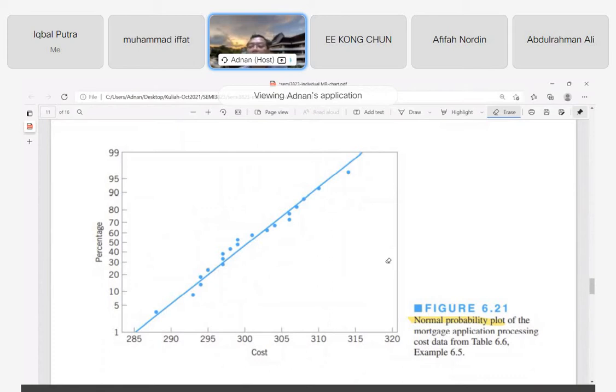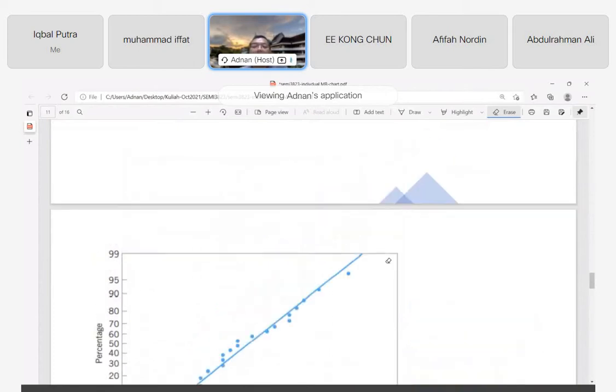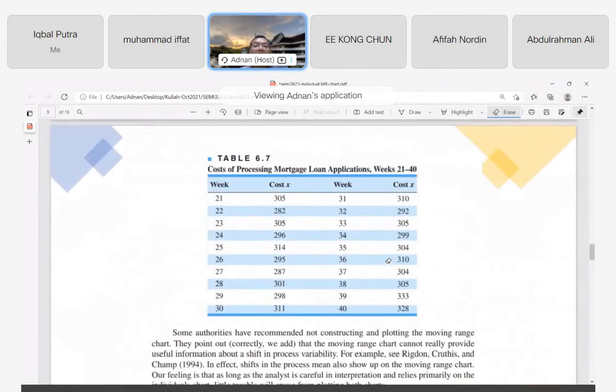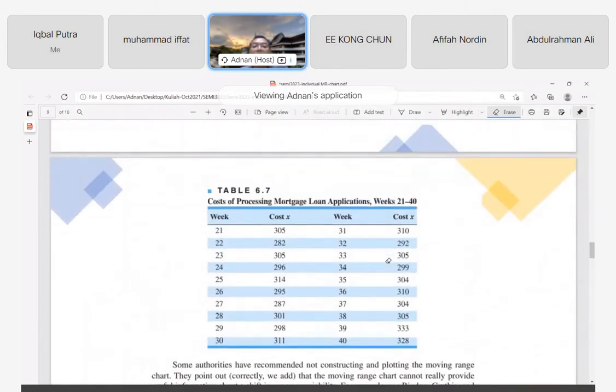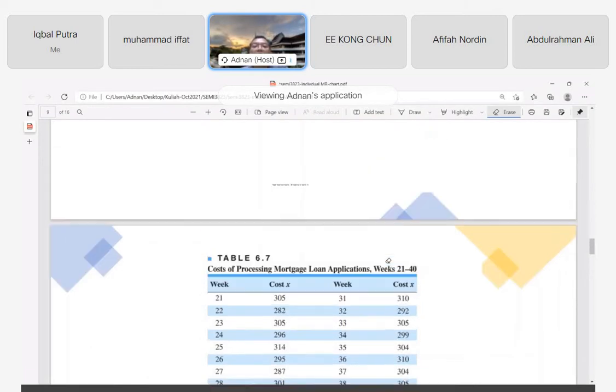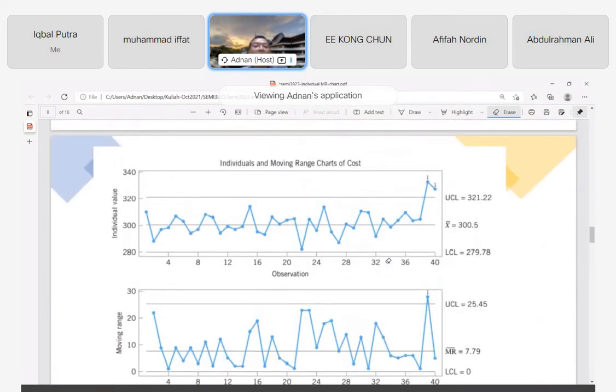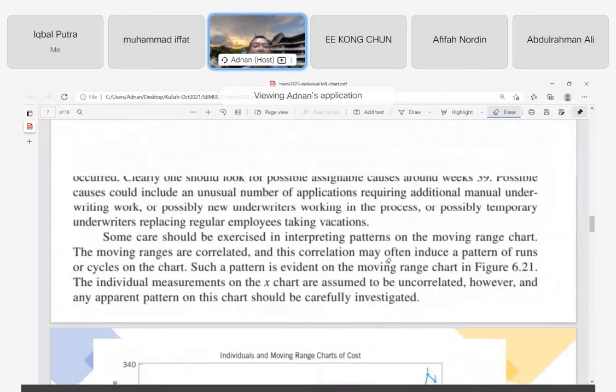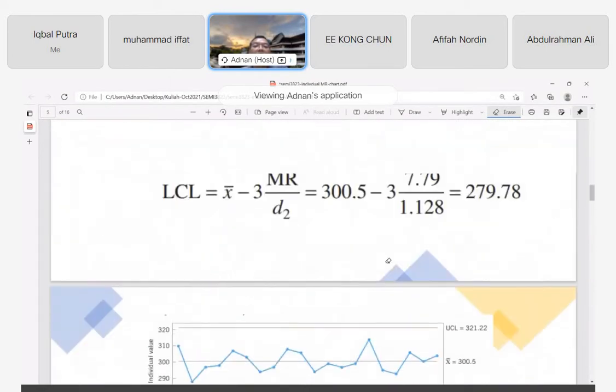This is shown in the example we discussed earlier, related to the variability of mortgage loan applications, which we have plotted here, where the data is given in this table.